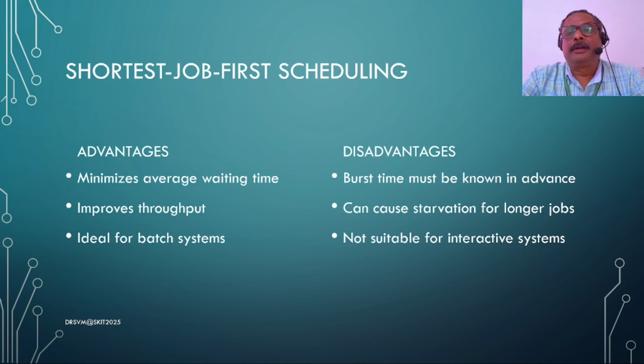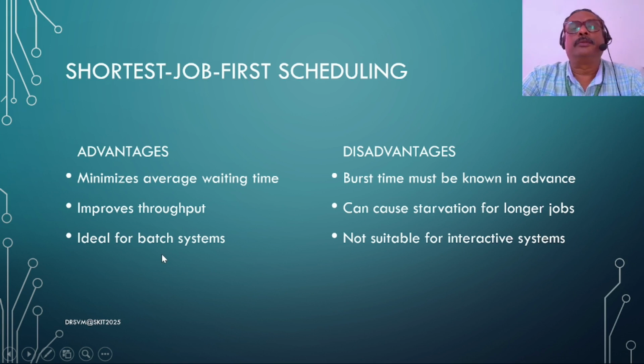But if the process for which my mouse is giving a signal happens to be a very big one, then it keeps starving and that will never be addressed. So it is definitely not suitable for interactive systems.